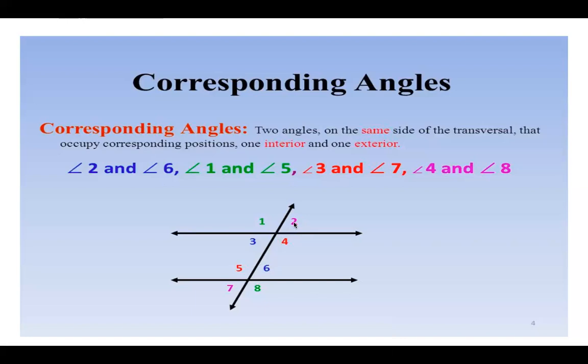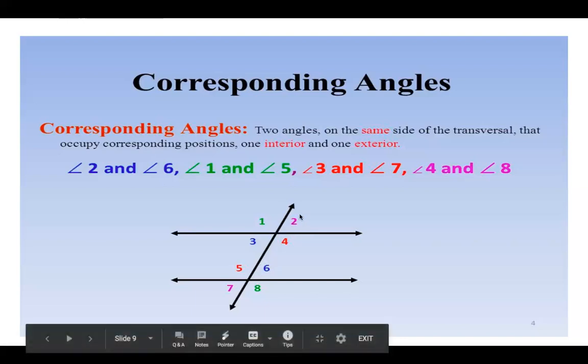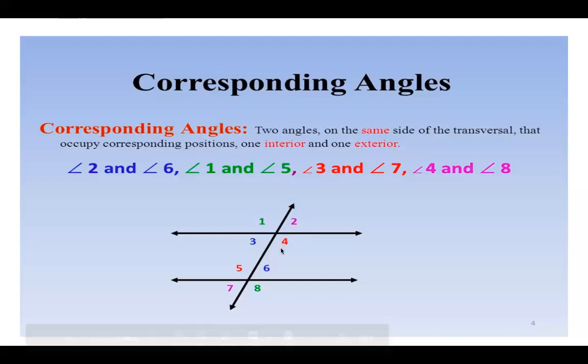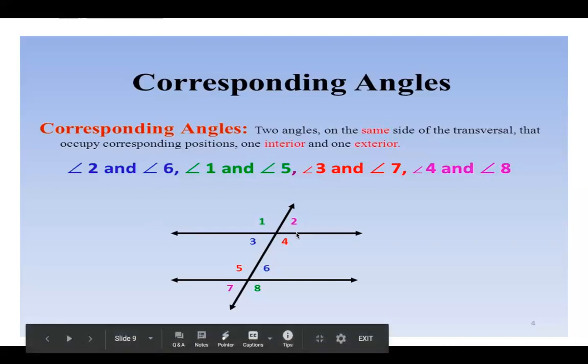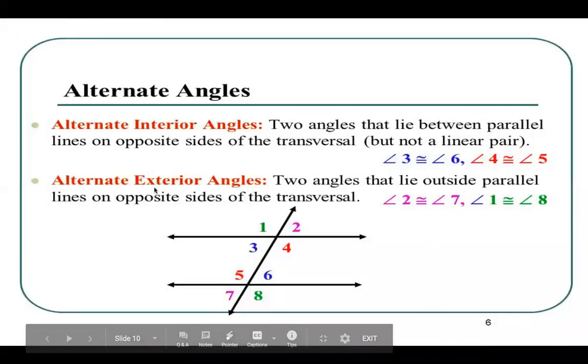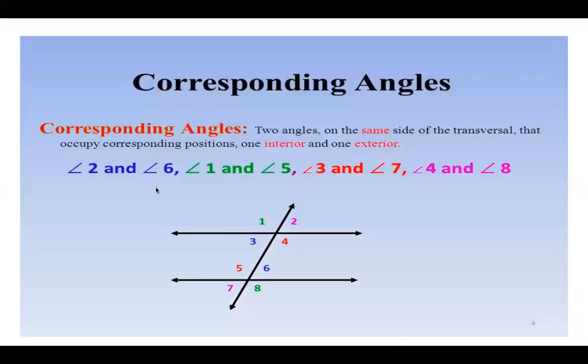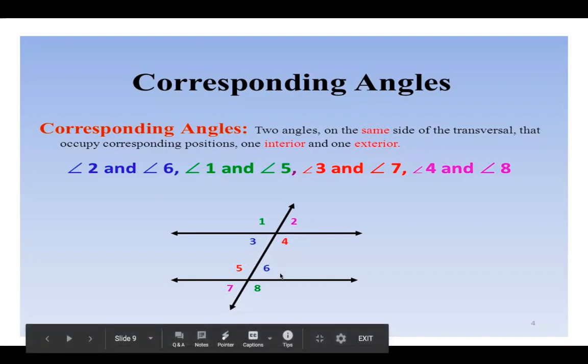In here, on this same side, these are the corresponding positions. Now look at angle 2, the angle sign we already learned about. This is angle 2, and angle 6, this one, are congruent.